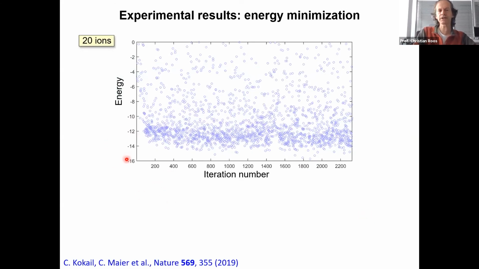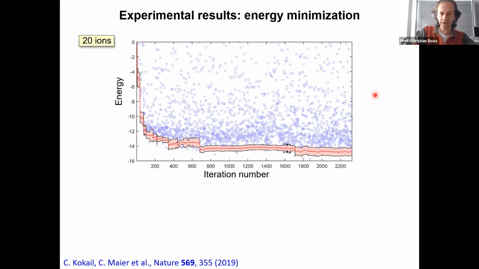So you can see here the estimated energy as a function of the iteration of this repetitive scheme. And you see that these measured energies are all over the place, but there's a general tendency to go down.